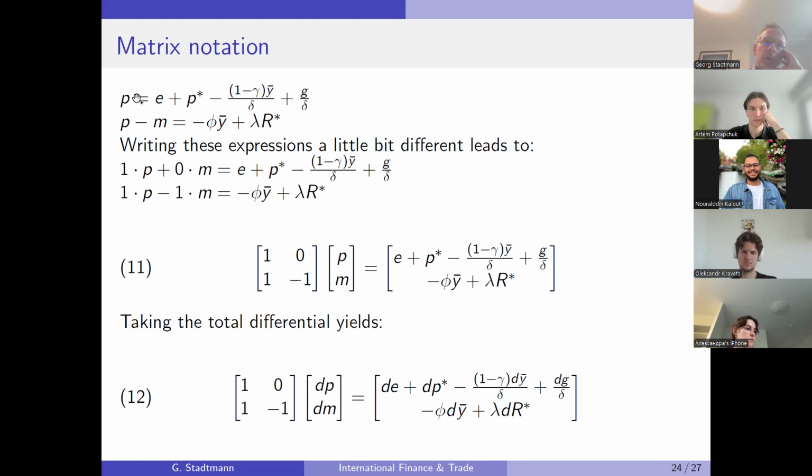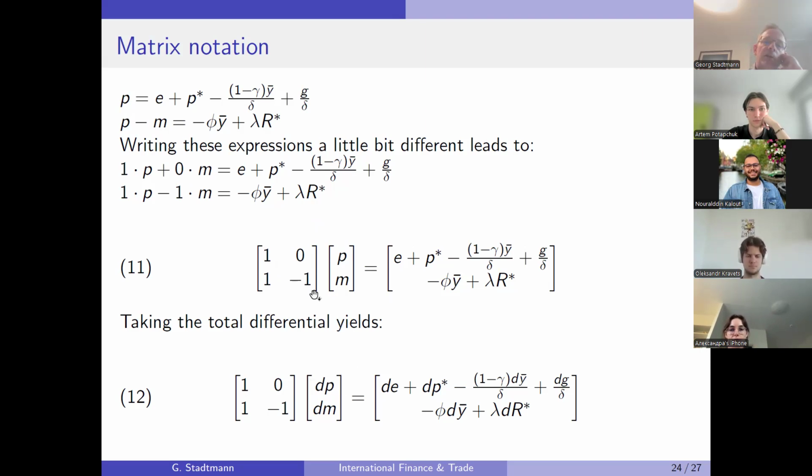The goods market equilibrium condition does not depend on money supply. So we have 0 times money supply in the first equation, but we have a negative times money supply in the second equation. Now it's easy to switch from the two equations into matrix notation, which is performed in the next step.